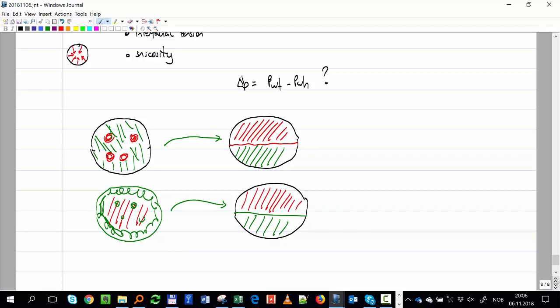What we are very interested in is the velocity of the gas and the velocity of the liquid. The real velocities depend on the area that the fluid is occupying. They are directly Qg divided by the area of the gas, this area that I have here, and the area of the liquid, the same thing.